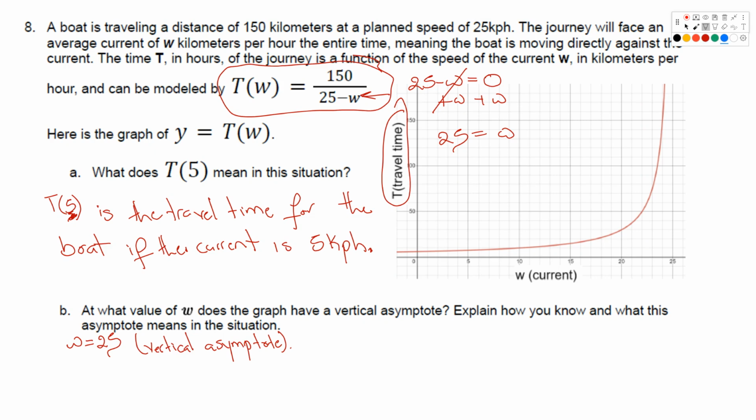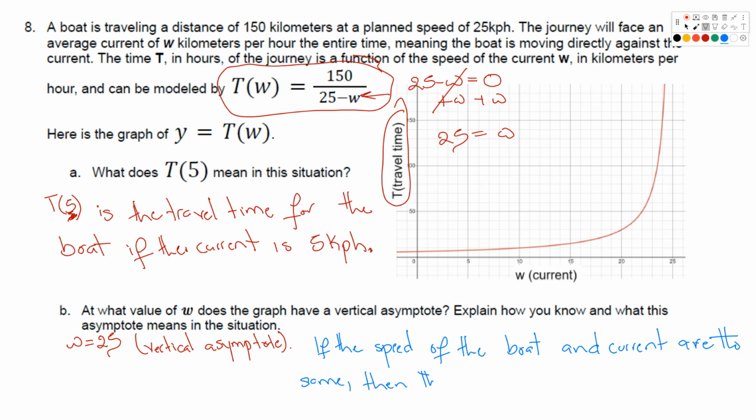So all we're going to say is that if the speed of the boat and the current are the same, then the boat would never reach its destination.